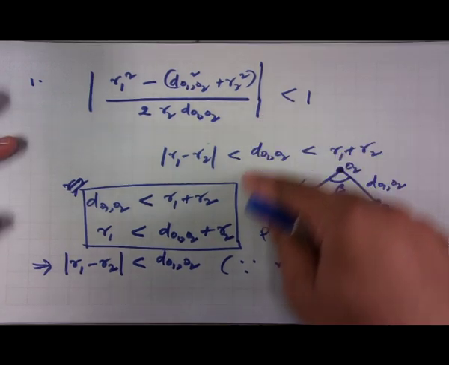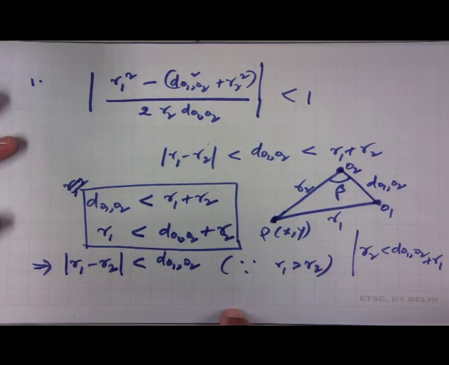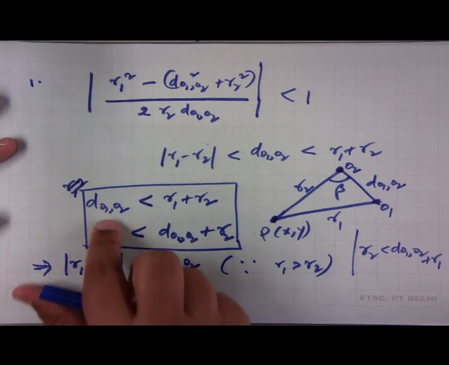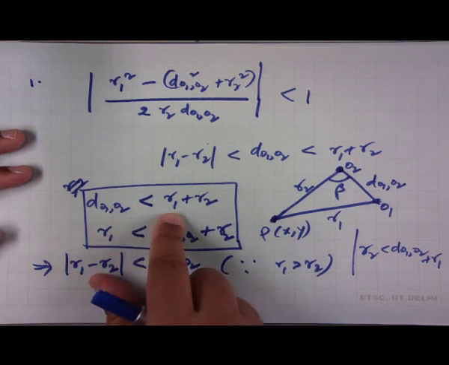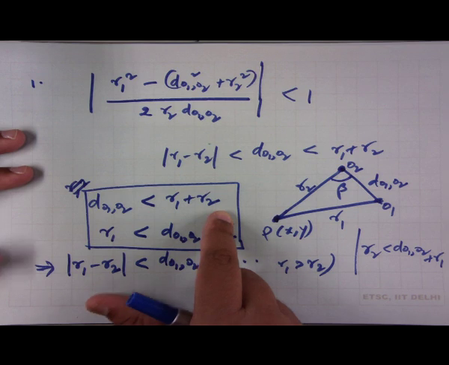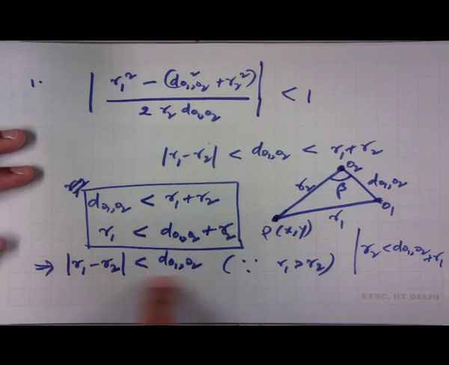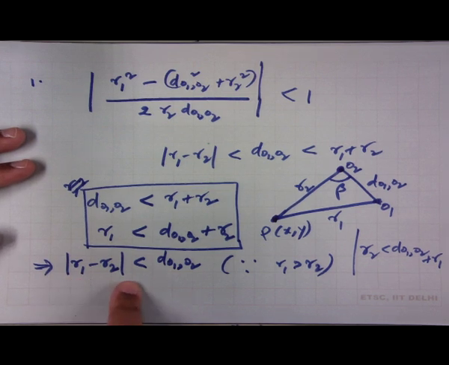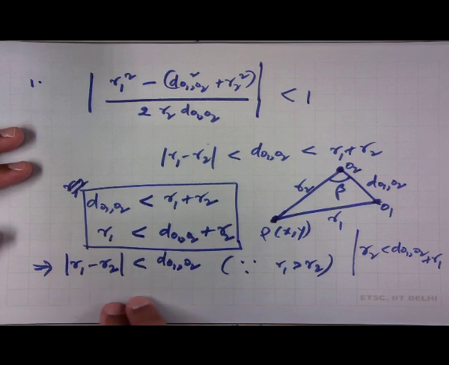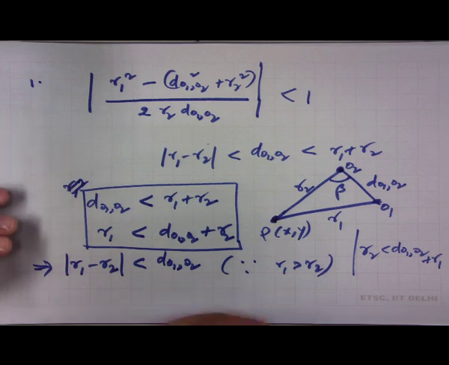then starting from here and using triangular inequality, what we have shown is that the distance between the two centers must be strictly less than the sum of the radii, and also that the distance between the centers must be strictly greater than the absolute difference between the two radii. And then after that, we also showed the reverse argument.